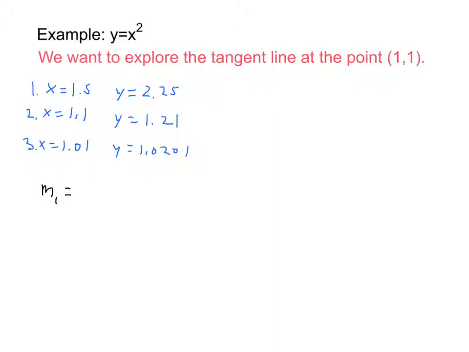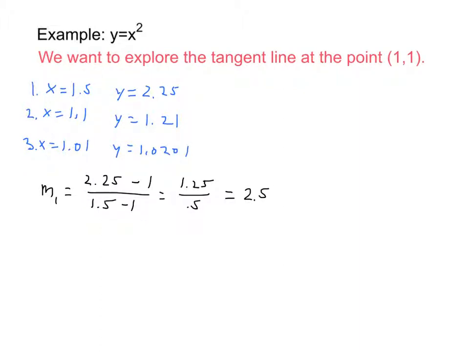And so I'm going to get 2.25 minus 1 over 1.5 minus 1, which will give me 1.25 over 0.5. And when I do the division, that comes out to be 2.5.